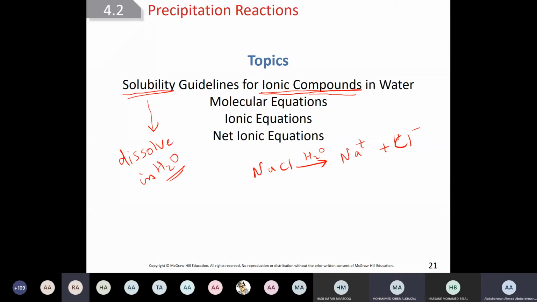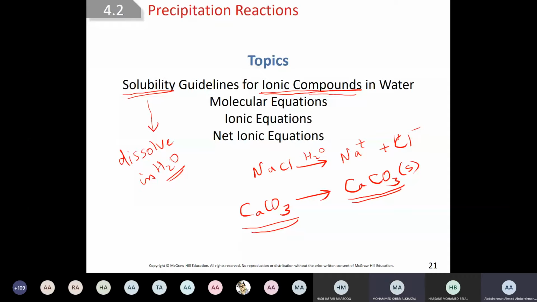and Cl minus. But if you put calcium carbonate, which is part of the sand, in water, what will happen? It will stay as calcium carbonate solid. It is an ionic compound, but it does not dissolve in water.